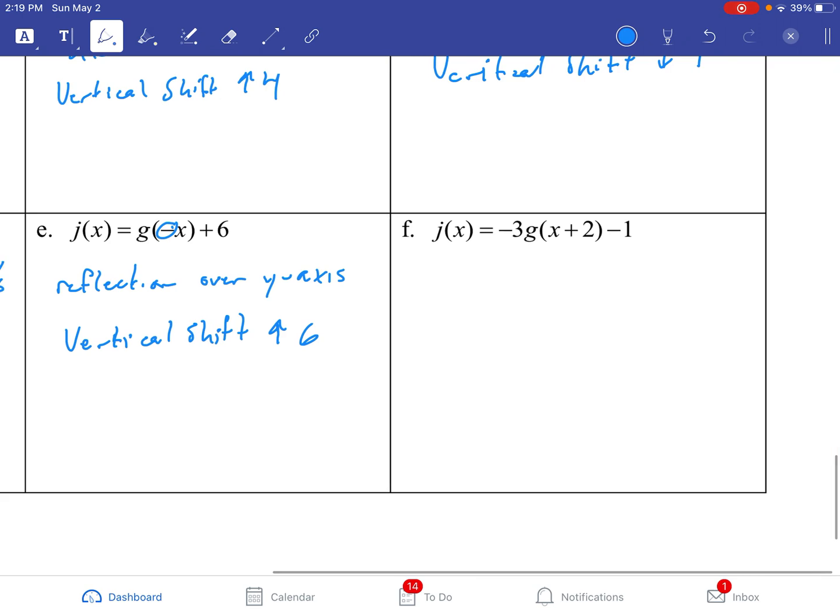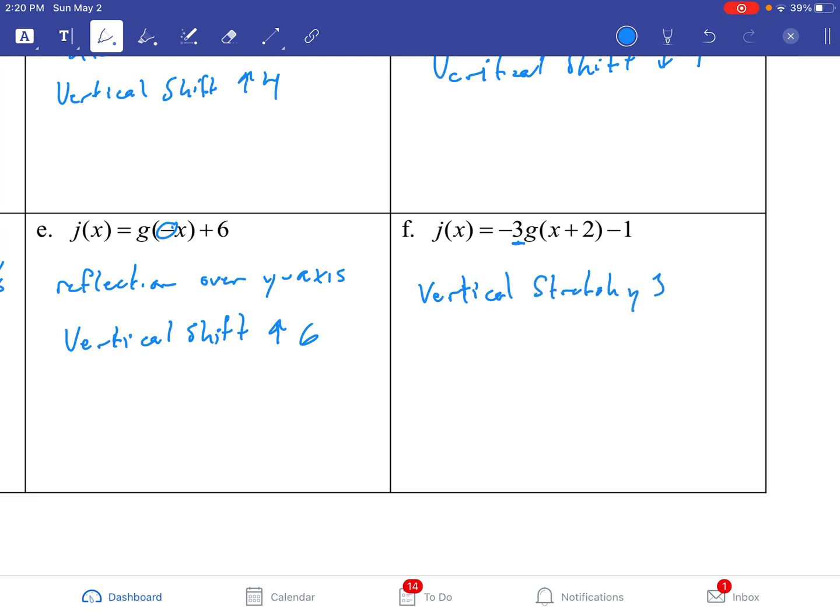All right, last one. Got a lot of stuff here. There are 4 different transformations. Okay, we have a vertical stretch by 3. All right, the negative sign in front of the 3 is a reflection over the x-axis.